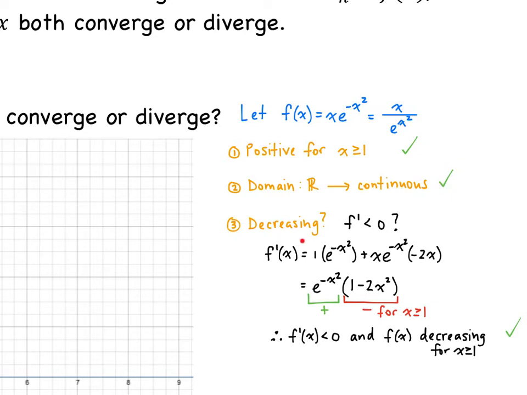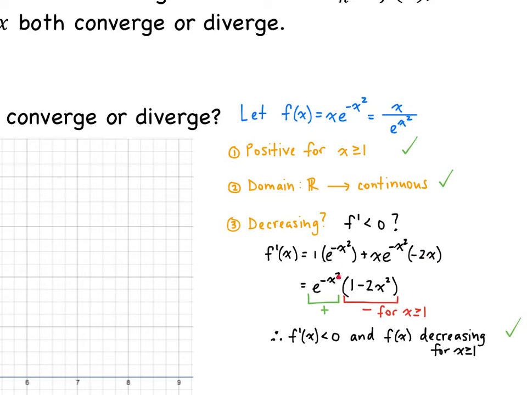To prove it's decreasing, we'll take the derivative and show that the derivative is always negative. So for f prime, if I rewrite this as x times e to the negative x squared, we can use the product rule. Don't forget the chain rule when taking the derivative of e to the negative x squared.